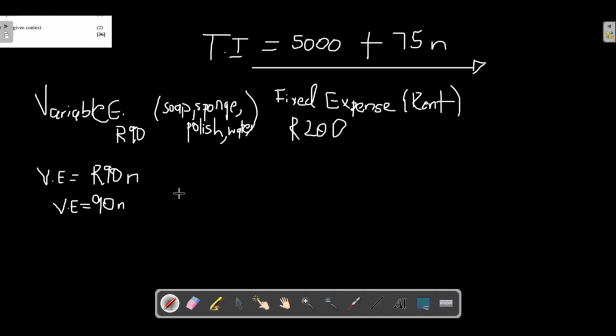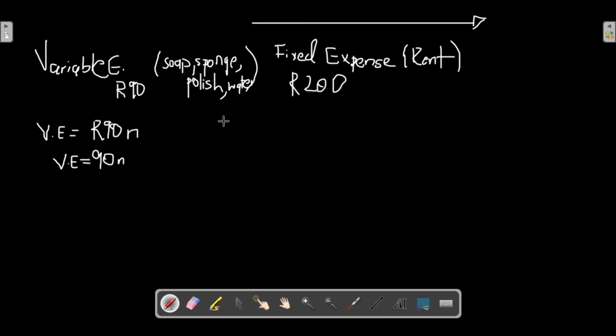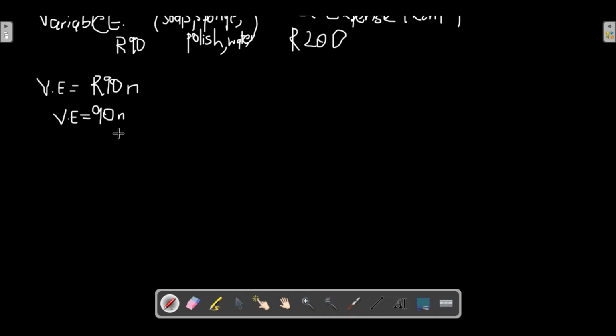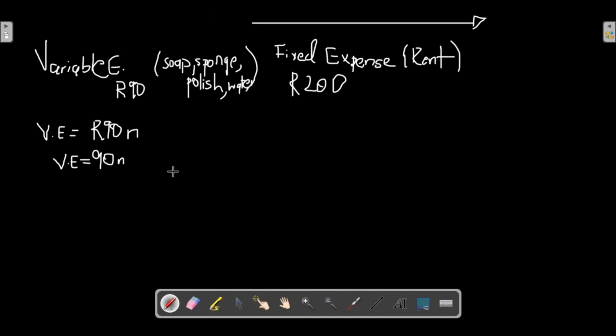So now you want to calculate the total expenses. If you want to calculate the total expenses, you are going to have to add up again, guys. You have to add up the variable expense plus the fixed expense.